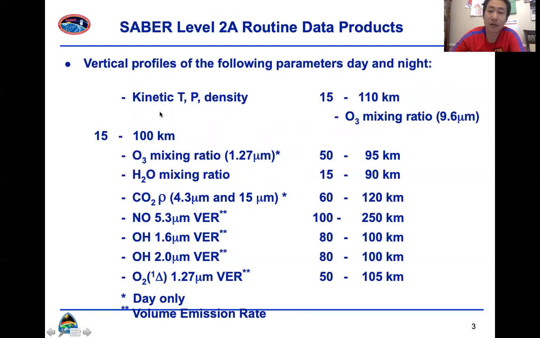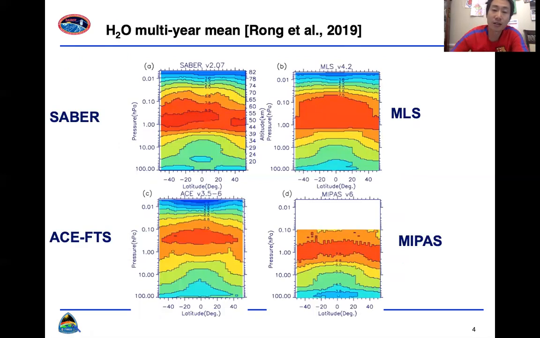It can measure a number of parameters in the stratosphere, mesosphere, and lower thermosphere, including temperature, pressure, neutral density, and many other composition, including the water vapor from 15 kilometers to 90 kilometers. There's some validation work by comparing SABER water vapor with other satellite measurements, MLS, ACE, and MIPAS.